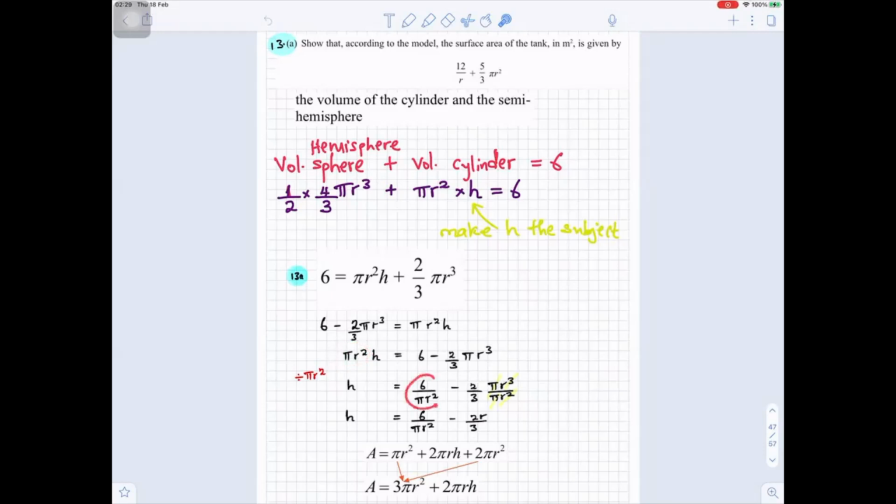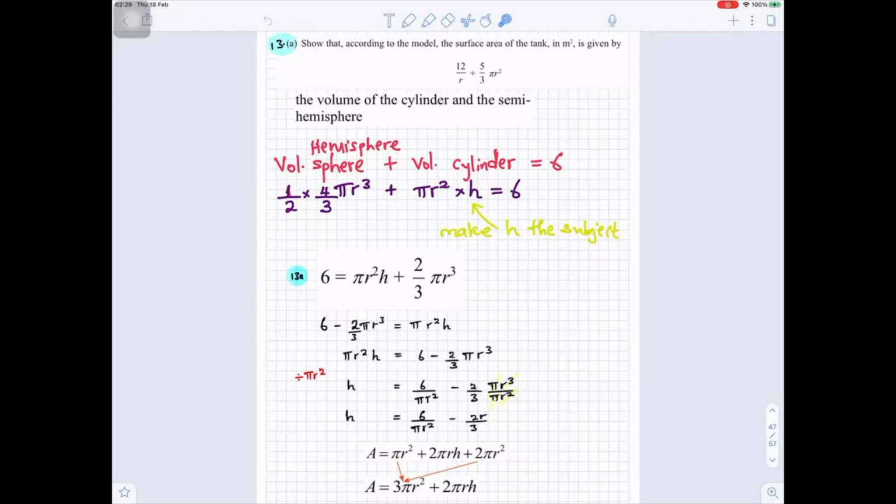So 6 divided by pi r squared is equal to 2 over 3 pi r cubed divided by pi r squared. You notice on this side, the pi and the pi will cancel. The r squared and r cubed divided by r squared will cancel and you're left with just r. So your h is 6 over pi r squared minus 2r over 3.